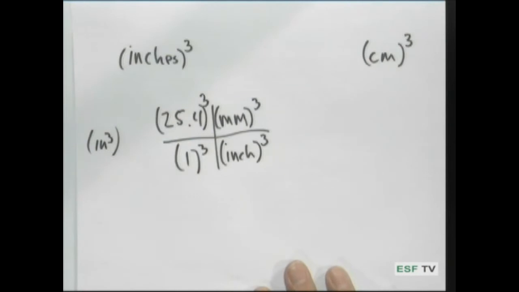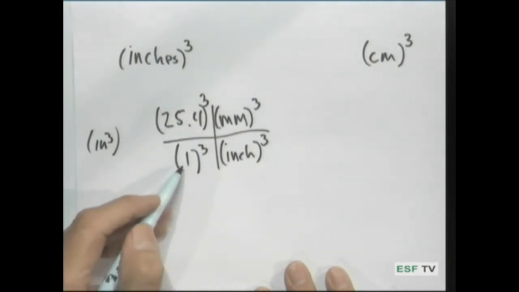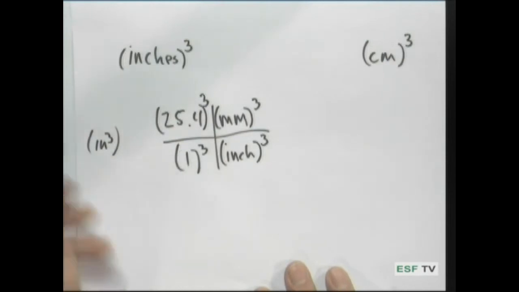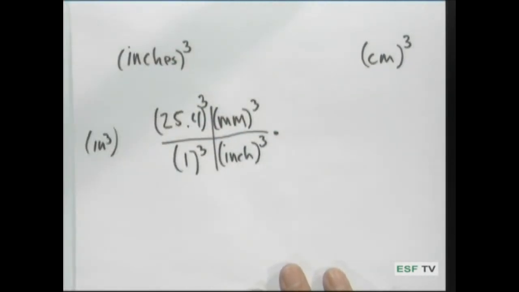So the first step of this is to cube 25.4 divided by 1 cubed, which of course 1 cubed is 1, and that'll give us millimeters cubed per inch. We're not quite there yet because we want to convert into centimeters cubed over here. So we need a conversion factor from millimeters cubed into centimeters cubed. We want to end up with centimeters cubed in the numerator.